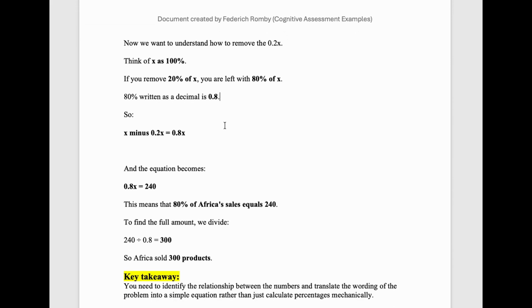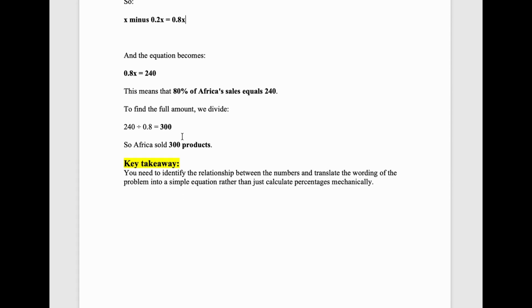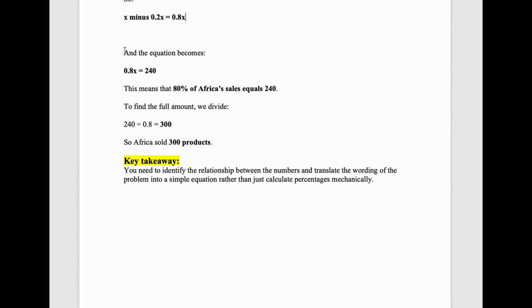I'm sorry if I don't explain very clearly. I'm not an expert in maths, but I'm trying to do my best. So we know that X minus 0.2X equals 0.8X. So the equation becomes 0.8X equals 240, right?